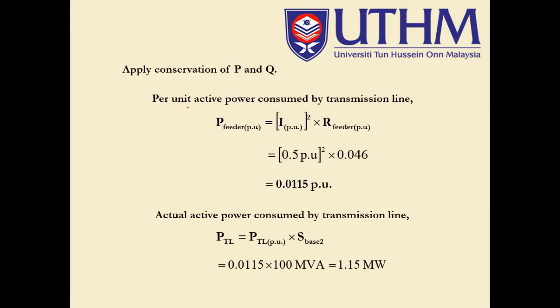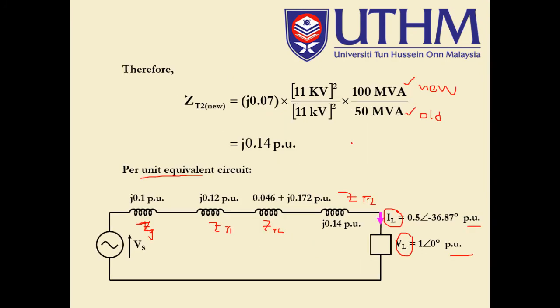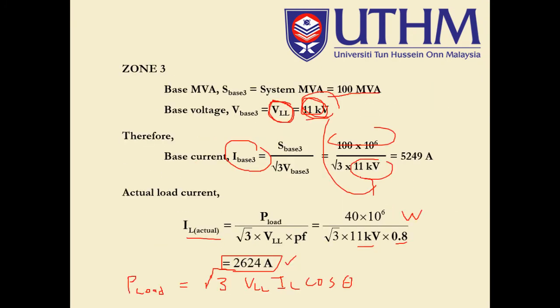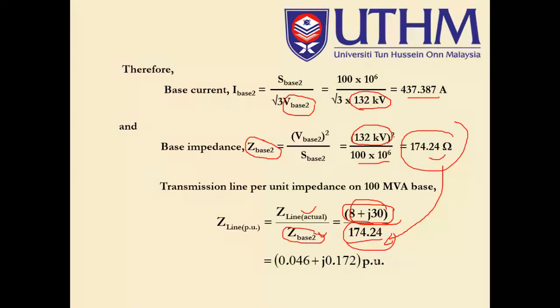So apply conservation of P and Q. The per unit active power consumed by the transmission line, so this is the transmission line feeder. This is another term we can use to represent the transmission line. So we have our equation over here, P equal to I squared R feeder PU. To get R here, we can see 0.046 from this value, the transmission line PU.